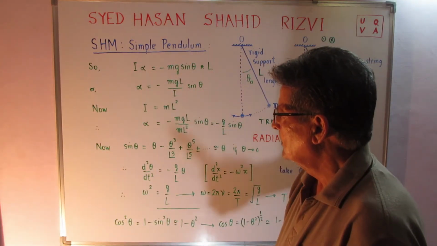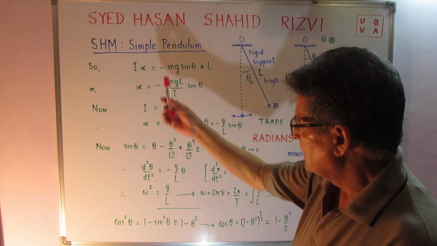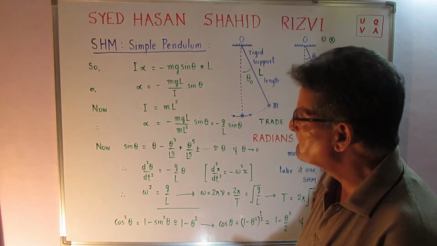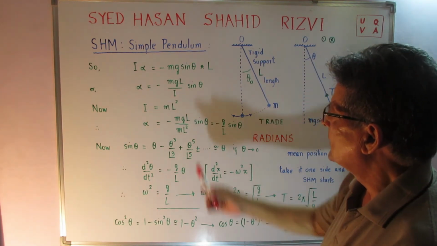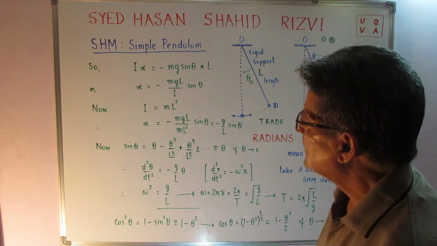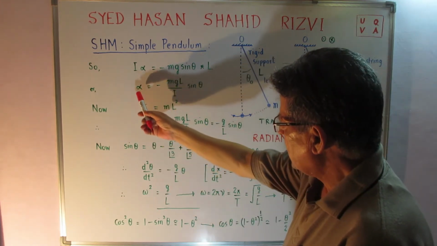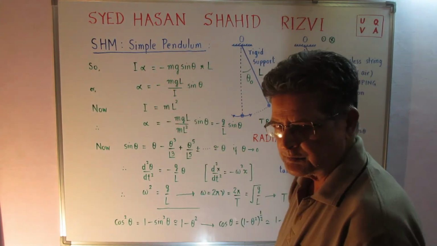Torque is equal to I alpha, equal to minus mg sine theta into L, that is, minus mgl sine theta. So alpha, the angular acceleration, becomes equal to minus mgl upon I into sine theta.